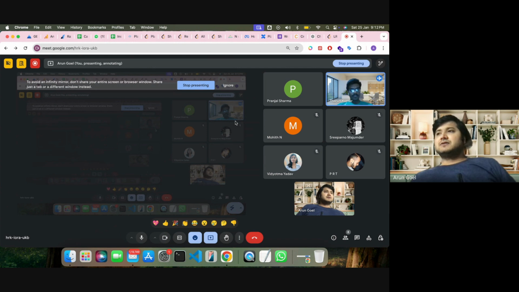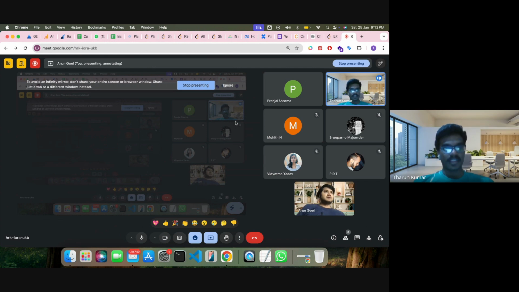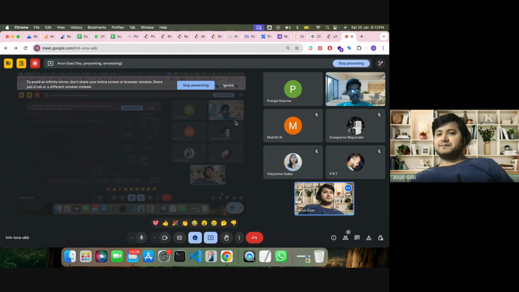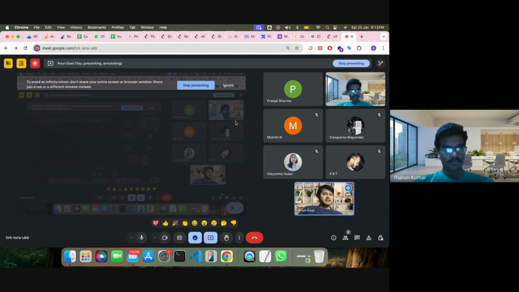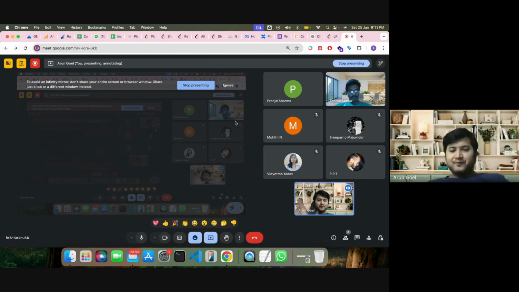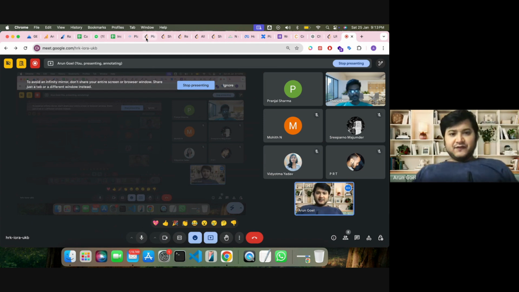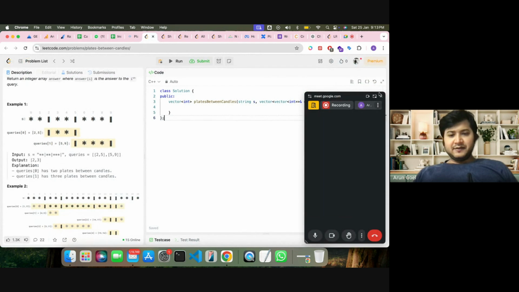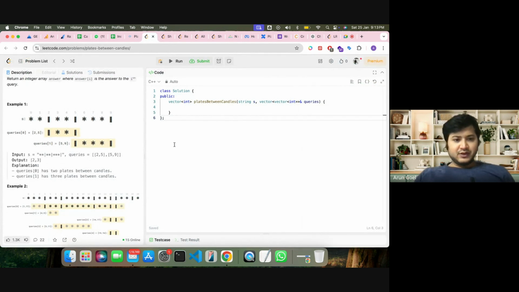Maybe we need to store the index of the candles in an array. Okay, but how would this help? Because let us say, if we store how many candles are here, let us say this is the array. Just a second, please.